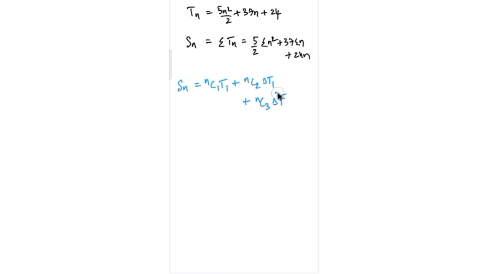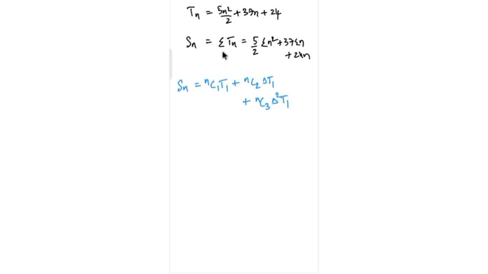So nc1 t1 plus nc2 delta t1 plus nc3 delta square t1, and we need to stop at r. Our r is 3, so we have stopped here at nc3 delta square t1.